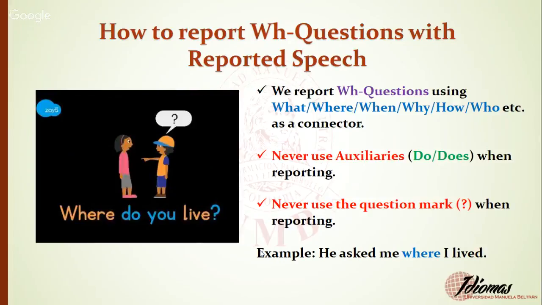Why? Because we're not mentioning what another person said in the original way. Yes, we are just reporting. So that is one of the most important reasons. And also because you are just telling someone some information.